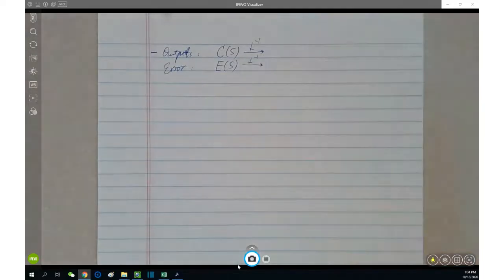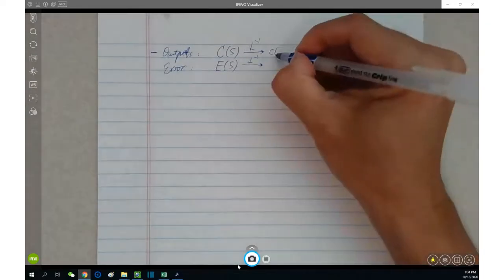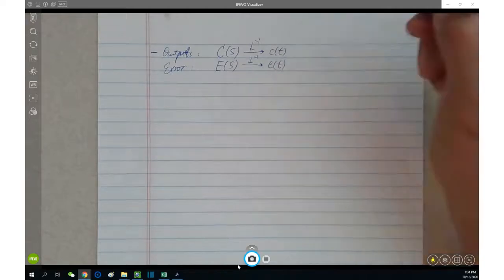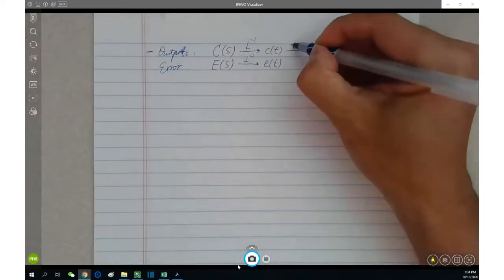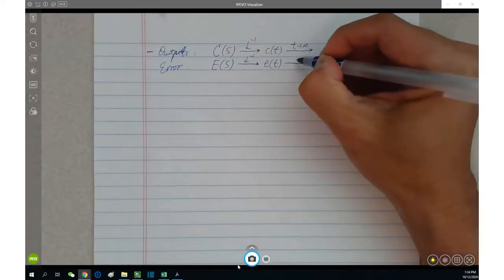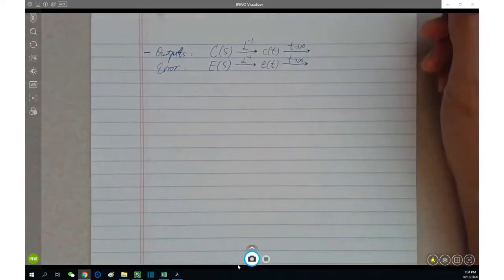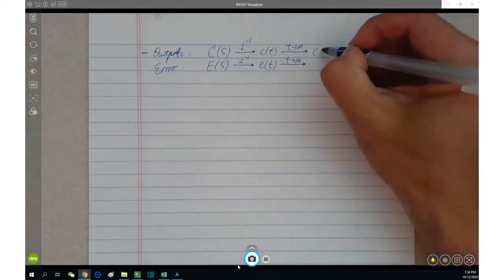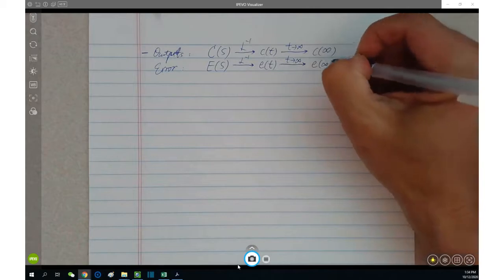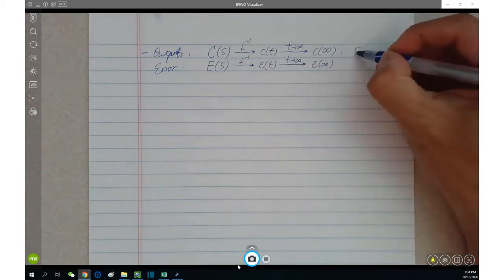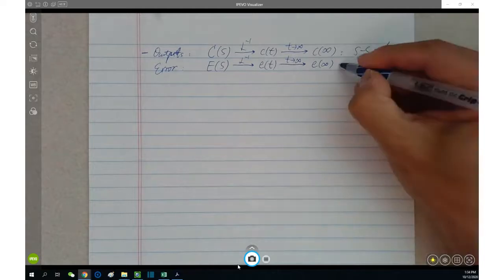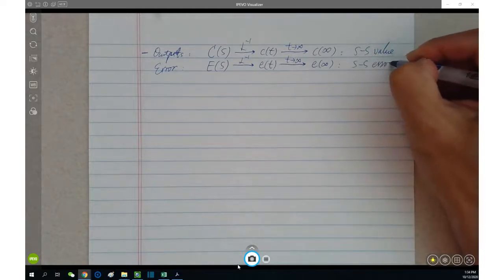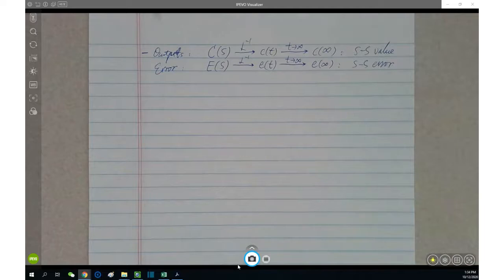By applying the inverse Laplace transform, we could get the time domain result. And when the time approaches infinity, what do you get? Respectively, the steady state value. This is the steady state error. By placing them in parallel, you can tell the difference, or say differentiate them better.